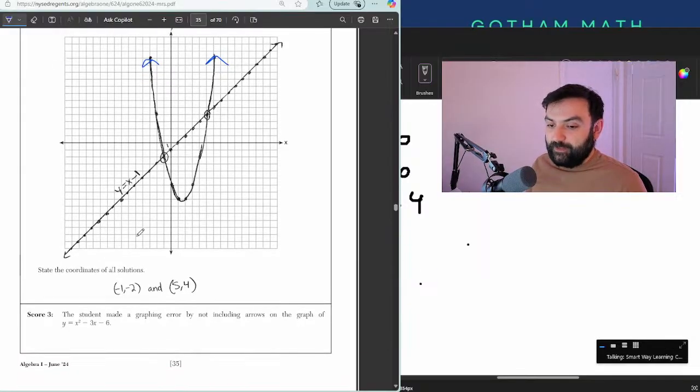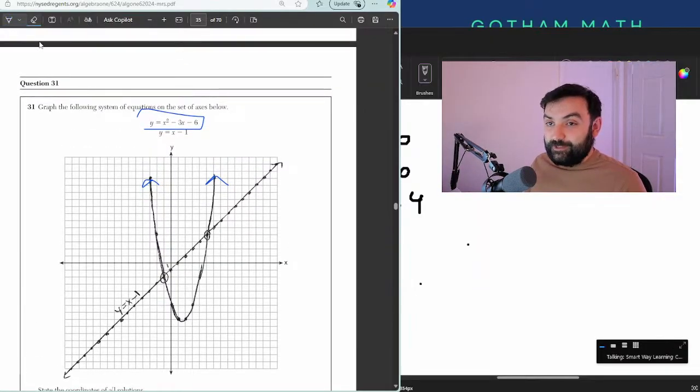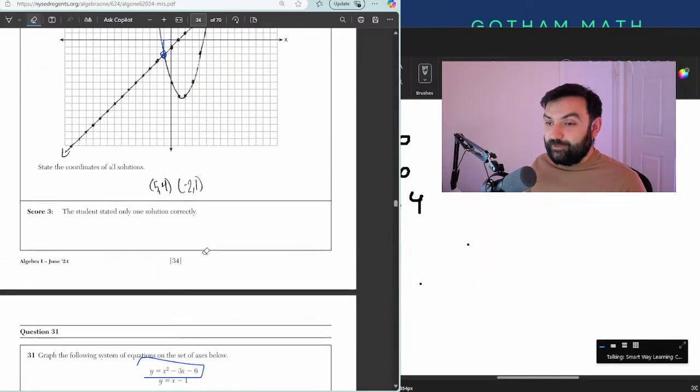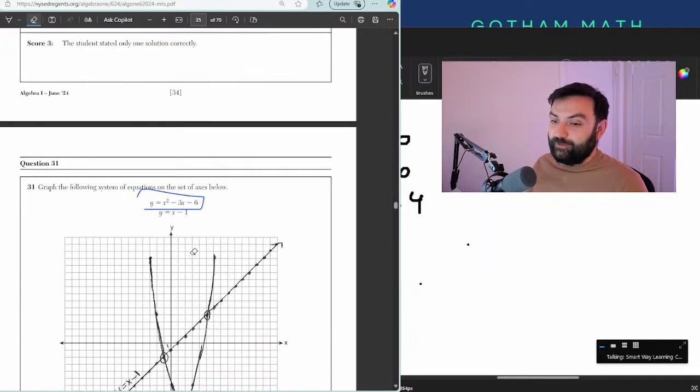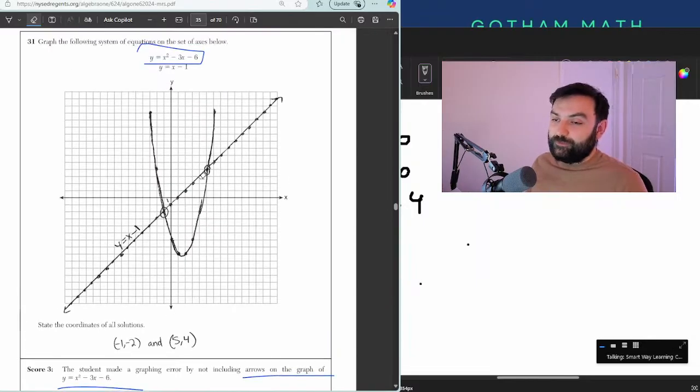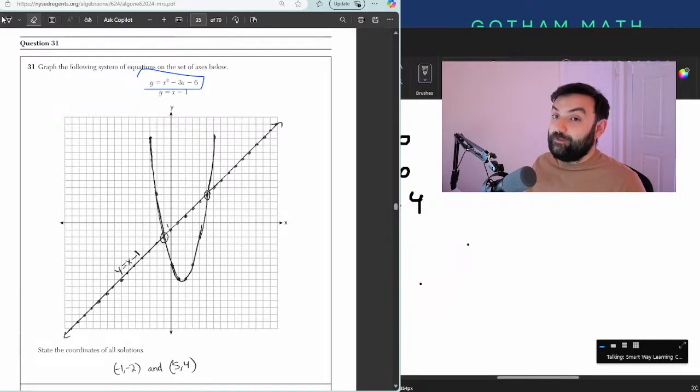And okay, look at this. The student made a graphing error, but not including arrows on the graph. Do you see that? No arrows on the graph. And no points taken away. Or 1 point taken away. Like I said, depending on who's checking.